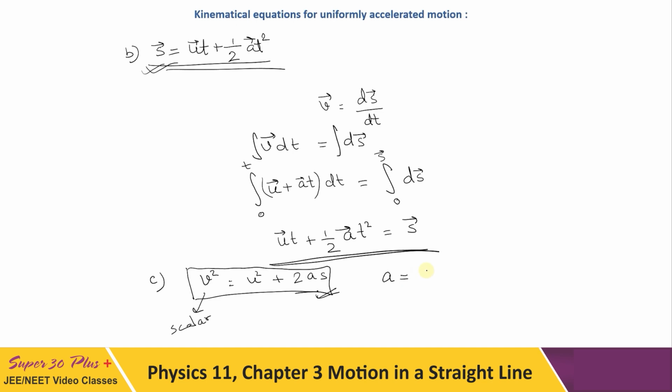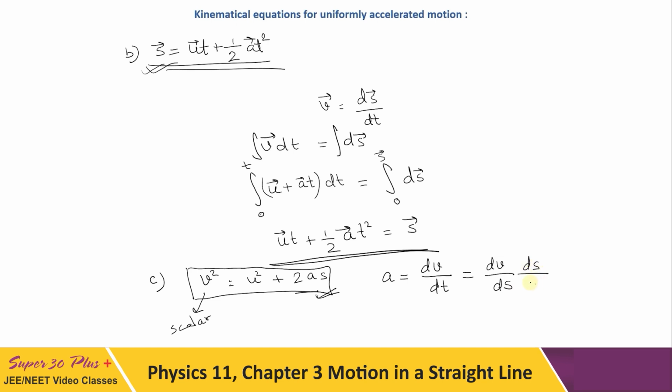Now if you write this here, let us start with the definition of acceleration. Acceleration can be written as dv upon dt. Here I am writing this in projection form. It is along a single direction, so no need to put vector sign above. a I have written as dv by dt. Can it be written as dv by ds into ds by dt?